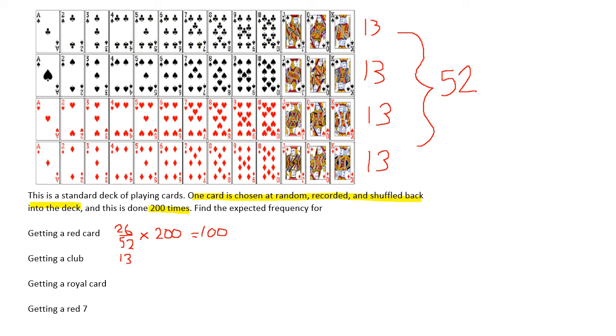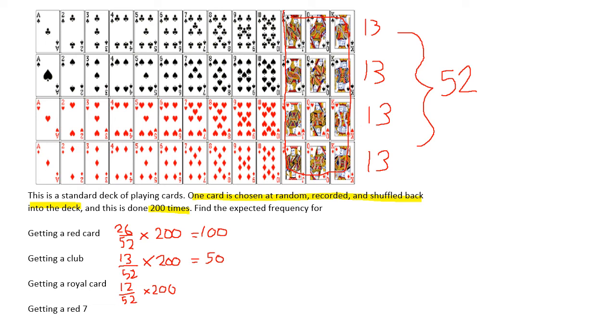So the probability of getting a club is 13 out of 52. Multiply that by our 200 again, and we'll get that there are 50 club cards expected. Royal cards, that's jacks, queens and kings. There are about 12 of those here, I think. So we'd want to do 12 over 52 times 200.